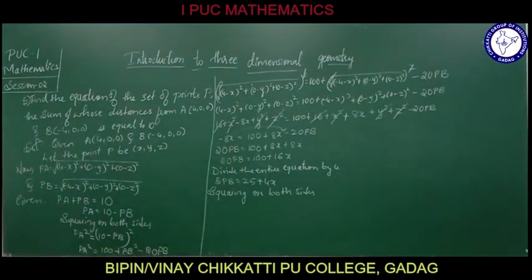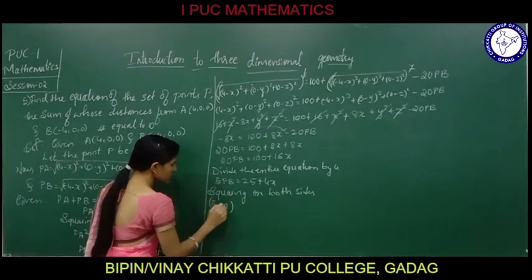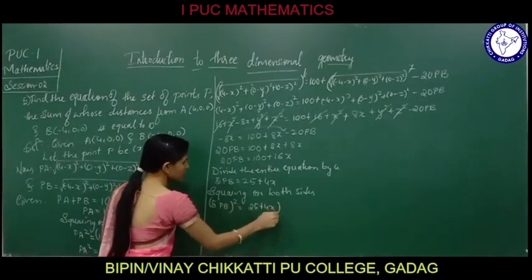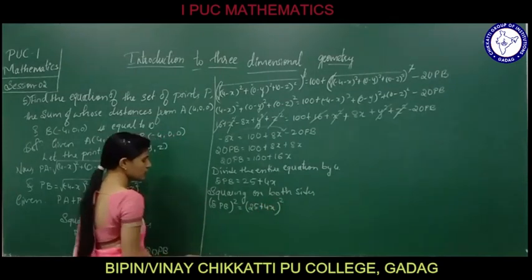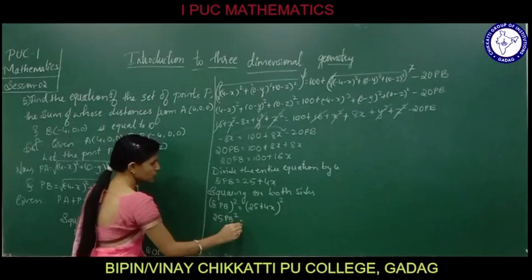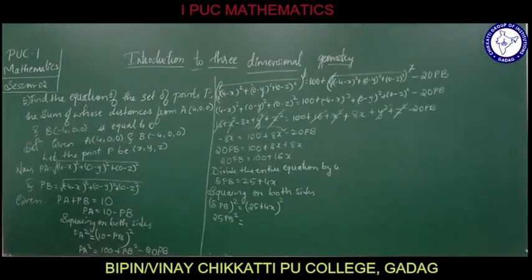So you are going to get 5 PB square is equals to 25 plus 4x whole square. What you are going to get? 25 PB square is equals to, on multiplying 25 with 25, we are going to get 625.